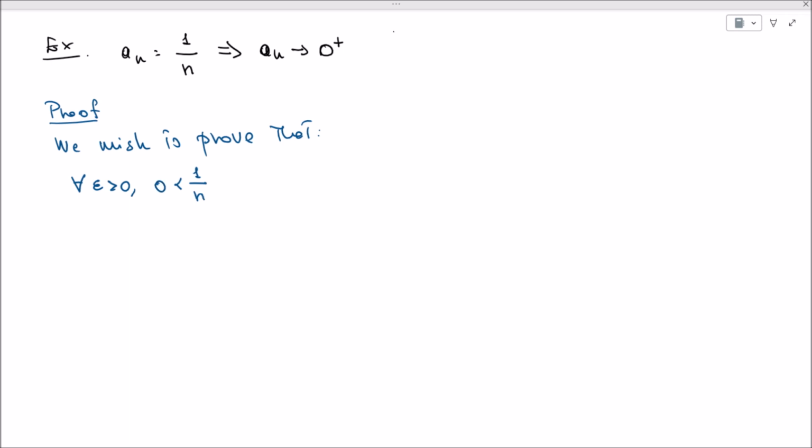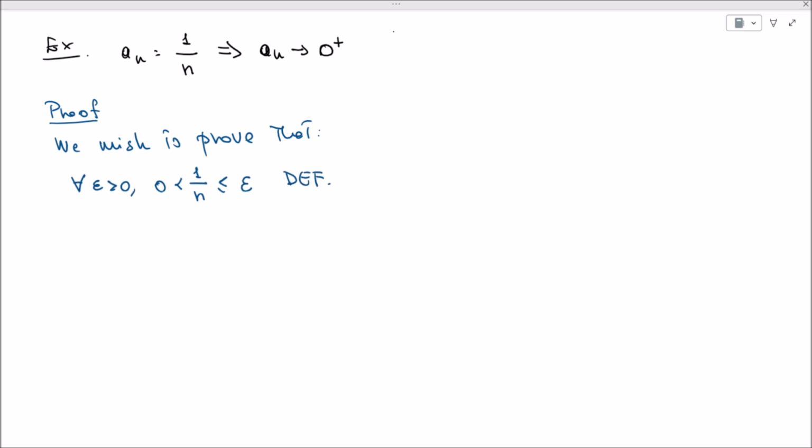Remember, the left inequality has to be a strict inequality for having a 0 plus as a limit. And on the other side, of course, we need to have epsilon, okay, because it would be a 0 plus epsilon, just epsilon, okay? And this must be true definitively.